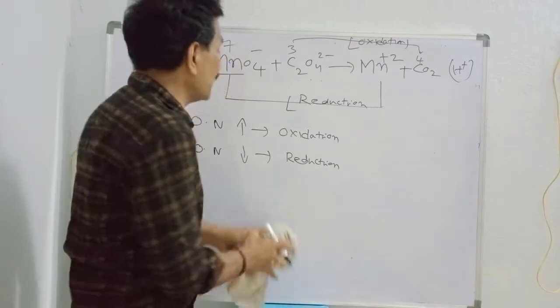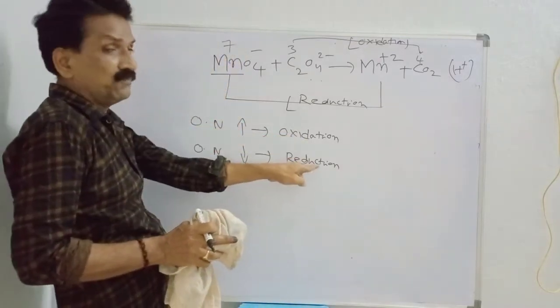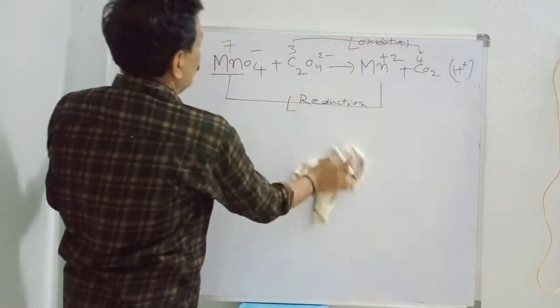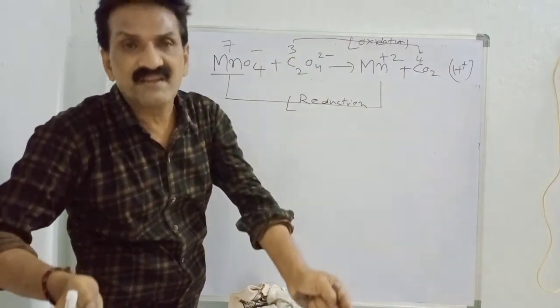So in the third step, what am I going to do? Increase is oxidation, decrease is reduction. Please note it. So I have split two half reactions.